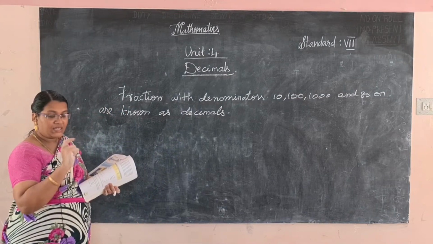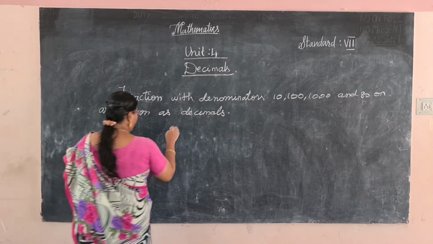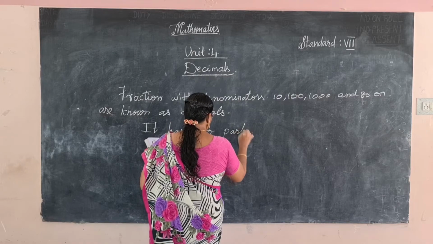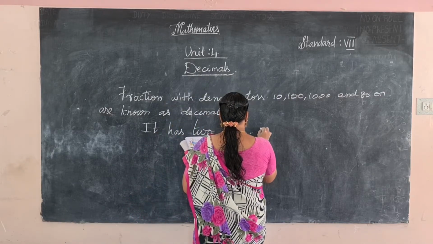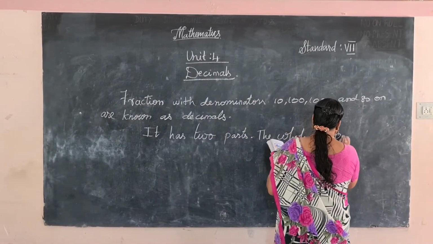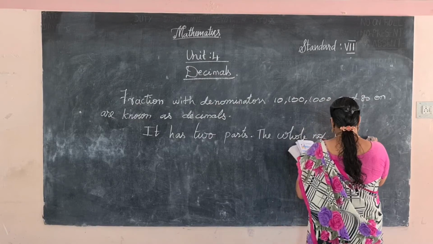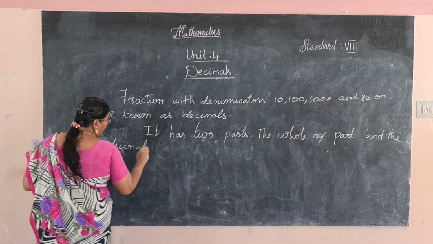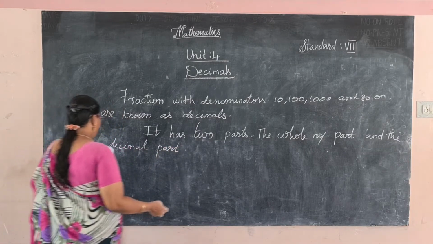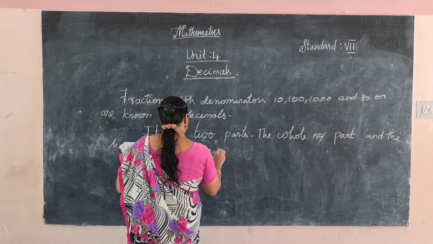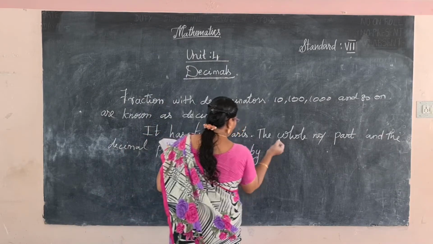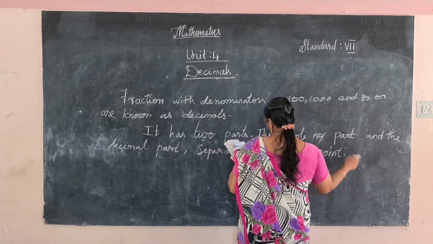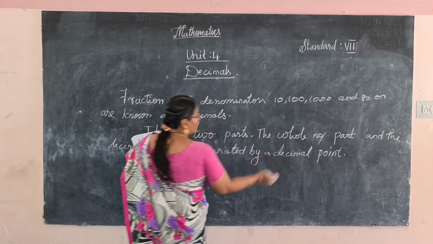One is the whole number part, and the other is the decimal part, separated by a decimal point.